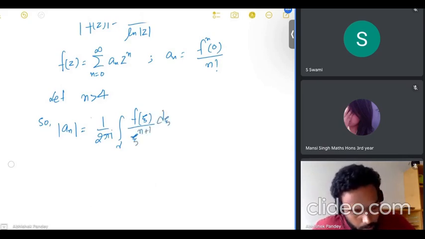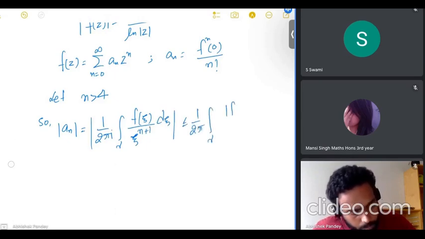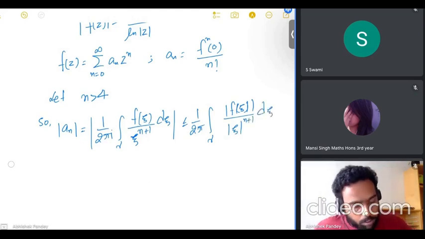So this will be 1 upon 2 pi integral over gamma mod of f(xi) upon xi to the power n plus 1 d xi. Here xi is on this curve gamma, so mod xi is r.